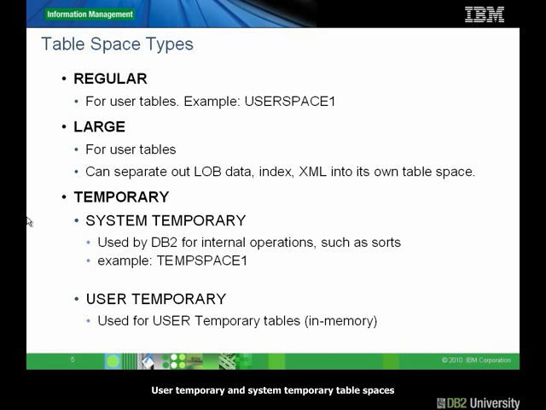User temporary and system temporary table spaces are often confused by common DB2 users. Just remember that system temporary table spaces are from the system, that means DB2 manages them, while user temporary is managed by the user, meaning a regular user of DB2 who explicitly creates these temporary table spaces to work with temporary tables for his or her own application.